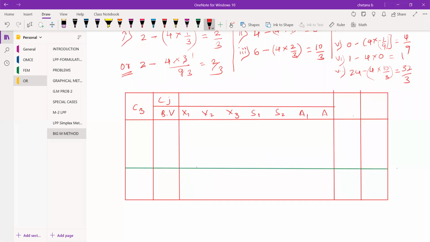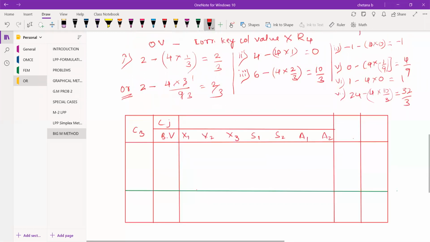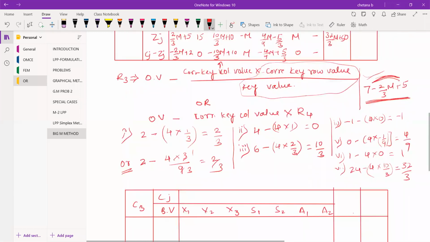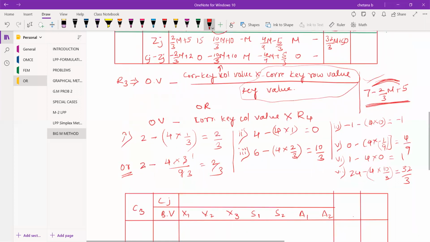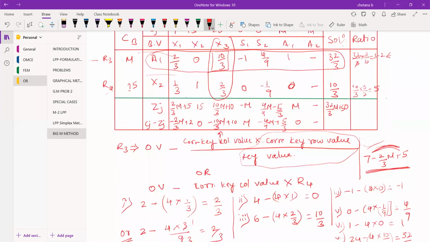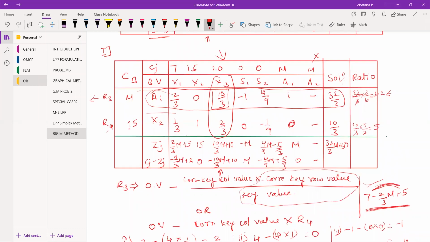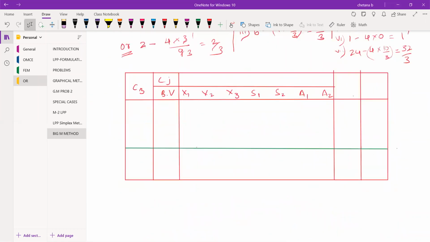If you write or don't write it, it is okay, because if you see the previous table, A1 is the leaving variable and X3 is the entering variable. Here we need to write what the basic variables are.